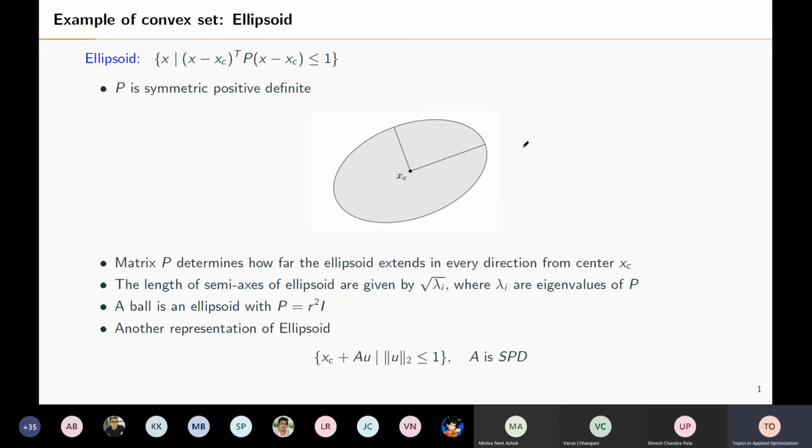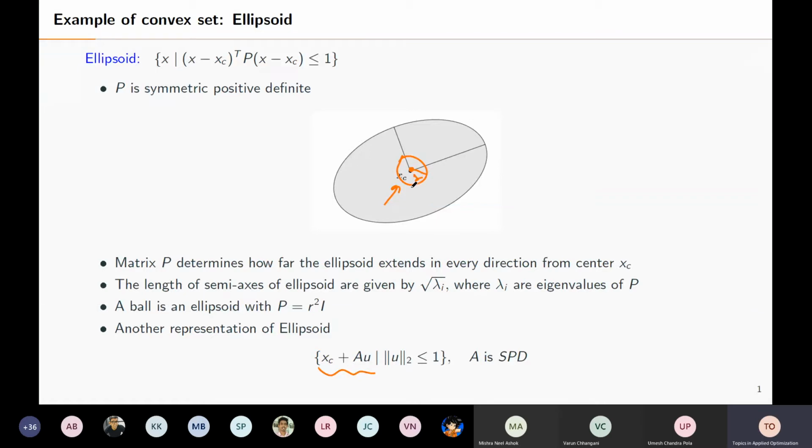Then we saw that another way to write an ellipsoid is like this, where we have XC plus Au. XC, as you can see, was the center. You can say as if you are starting from XC and you are trying to see how far you can go. Let us say you make a unit ball of radius 1.